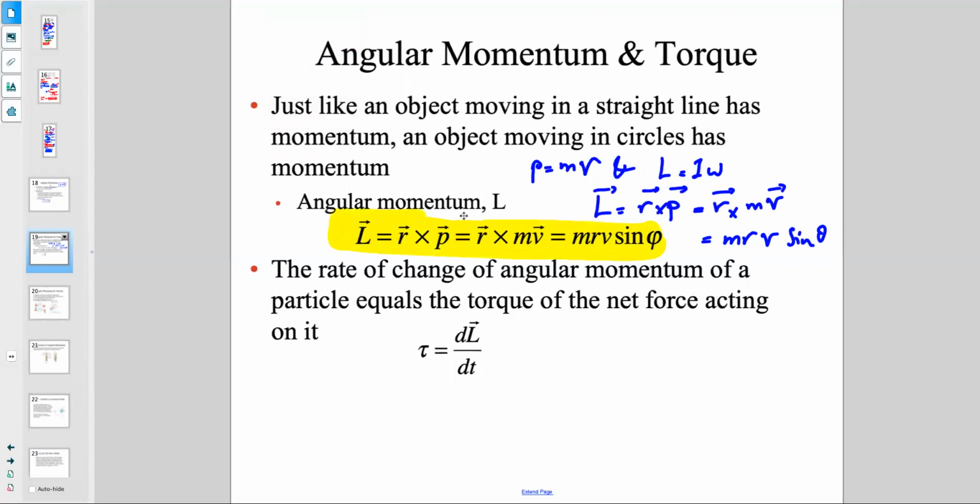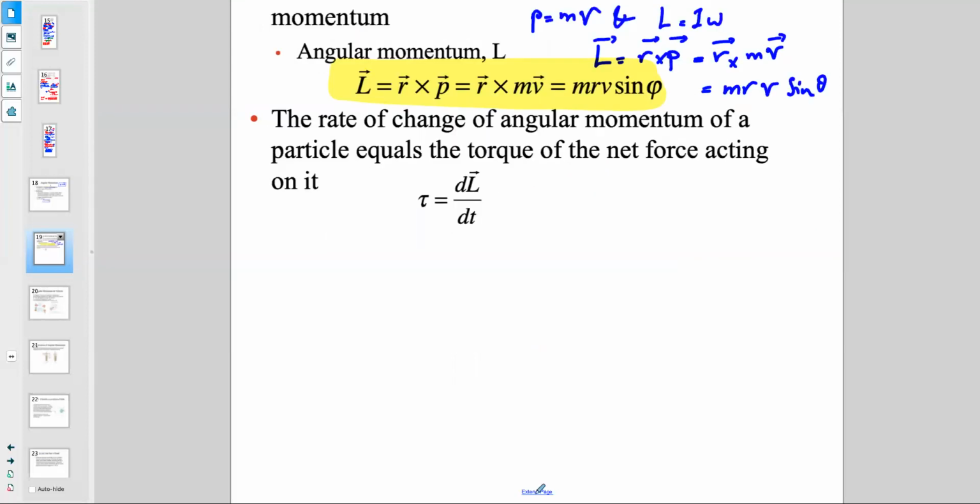All right, so here we go. The rate of change of the angular momentum of the particle equals the torque of the net force acting on it. One more time, the rate of change of the angular momentum of the particle equals the torque of the net force acting on it. We have had the same thing for the linear case.